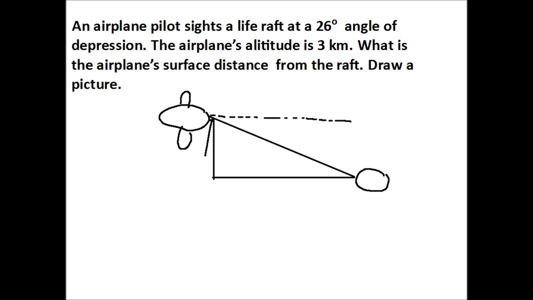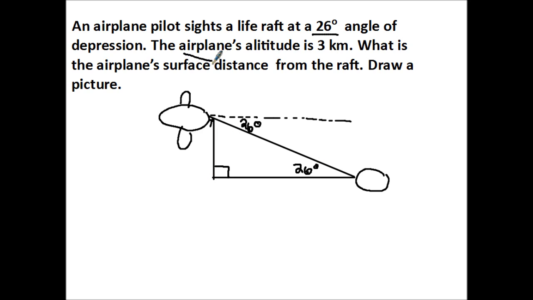Okay, here's my picture. We need to put on our right angle where it belongs. And I've got to figure out this 26 degree angle of depression. Well, that is as if the airplane is looking straight out, and the angle formed with them looking down. So right here is 26 degrees. So if this is 26 degrees, we're going to have to label this 26 degrees because we need an angle within the triangle in order to solve these problems.